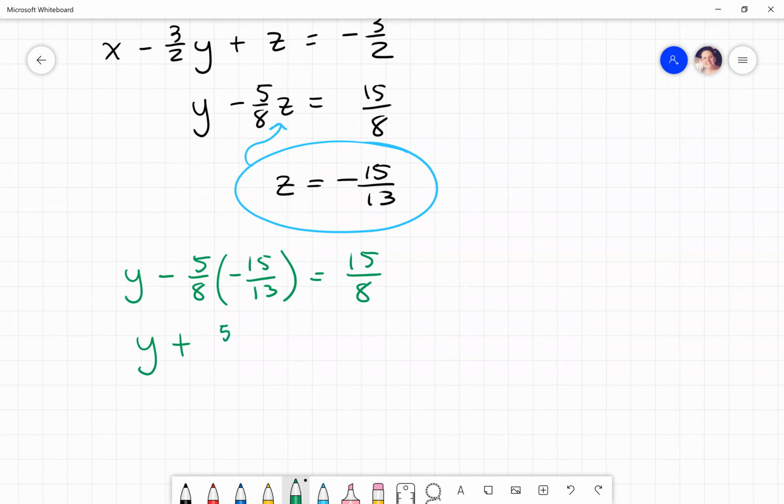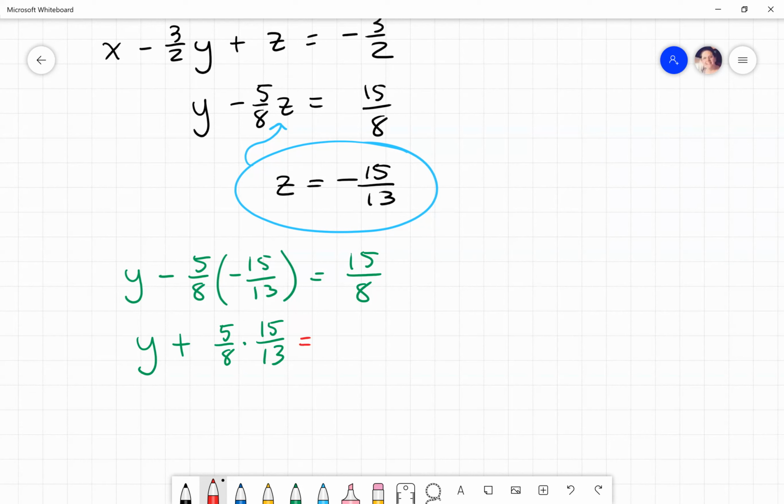I'm really thinking I'm just going to leave it like this for time, because nothing in here can be reduced. There's no factors that are the same on top and bottom. Notice here that minus a negative makes the plus, so I might just leave it like this instead of multiplying 5 times 15 and 8 times 13, because I know I'm going to have to add it to 15 eighths, and so leaving it with a 13 visible will make it easy.